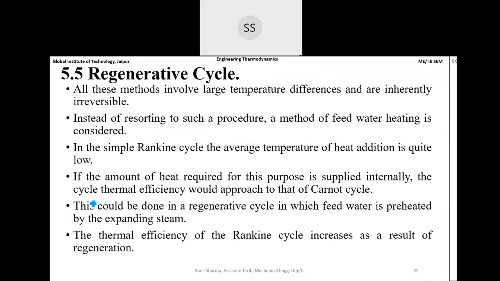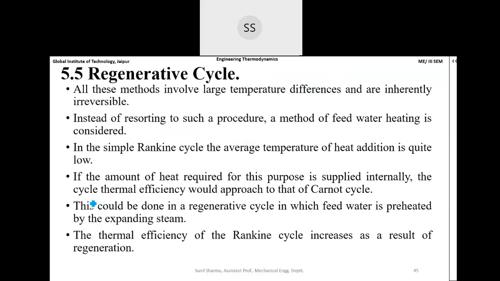तो हम इसको डी एरेशन करते हैं डी एरेटर में बेच के, और पर्पस हमारा क्या है कि थोड़ी सी अगर हीटिंग कर दें हम, तो because of the slight heating the water's dissolvability reduces, and in that case the CO2 and O2 that was dissolved earlier in the water leaves the water.